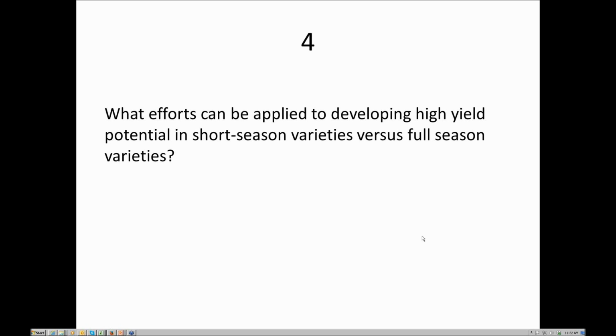But rust is not a major problem for us because generally our temperatures are too high. Rust is more a cool temperature, moist conditions pathogen, not a hot, dry pathogen. And most of our environments are hot and dry, not cool and moist.